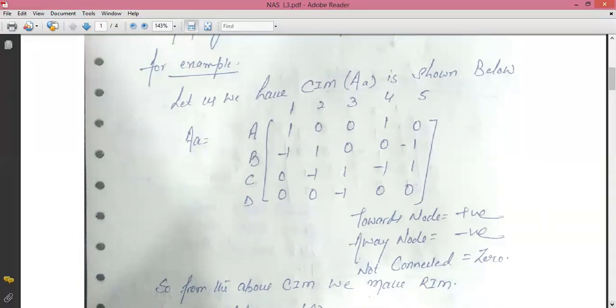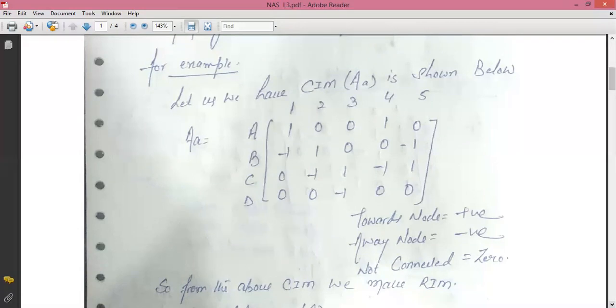Now we have to convert this CIM into RIM. What we have to do is delete the last row. You can see on your screen there are a total of 4 rows, that is row A, row B, row C and row D, and these A, B, C, D are the nodes.